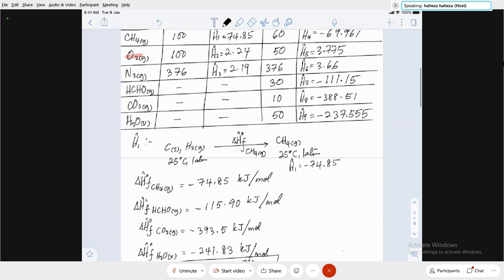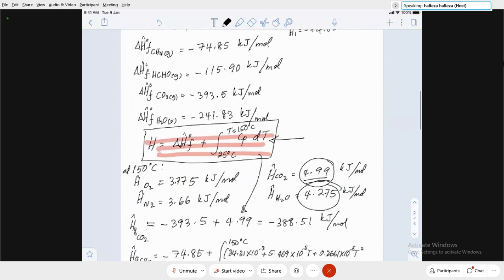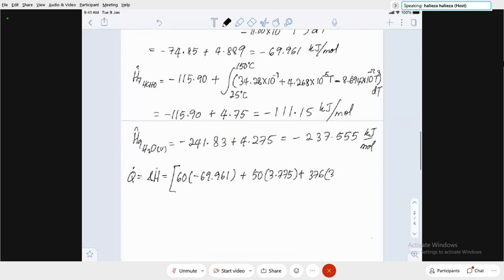Here we have, is it 3.66? Yes. Some more, we have our formaldehyde, 30 moles, and we have negative 111.15, plus our carbon dioxide, 10 moles, with its corresponding enthalpy.